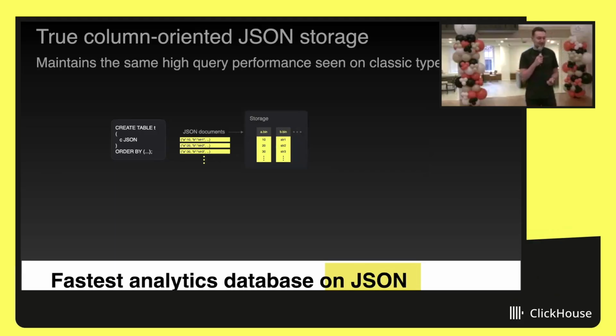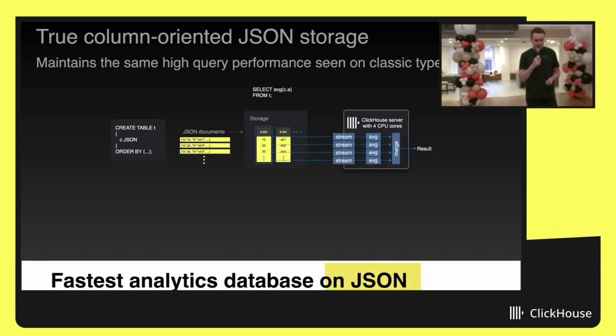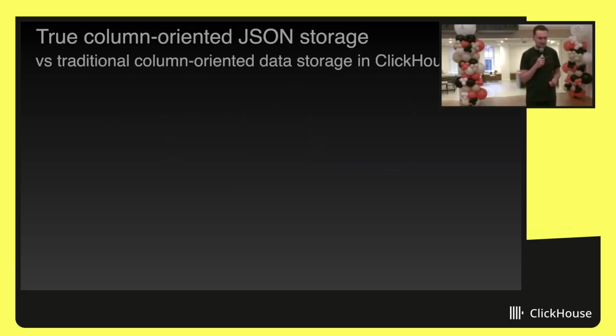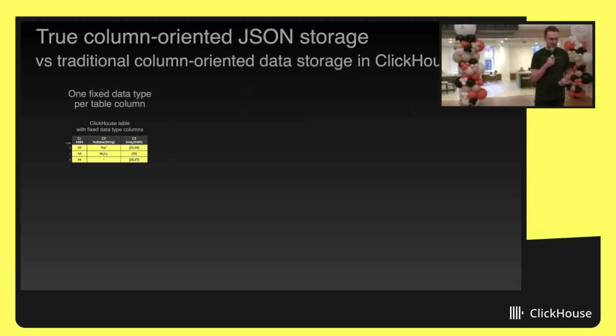And it maintains the same performance as if you manually analyzed it and created separate columns for all these data paths. It sounds easy and it should work well. So what is the challenge? It should work as well as with full data types as separate columns, it should work well, but actually it is not so easy.